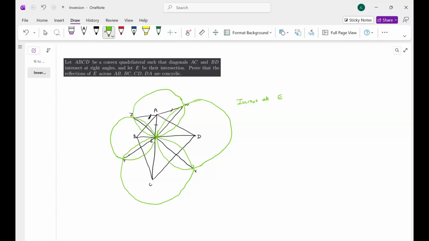Which circles are you talking about? The green ones, right? Yes, the green ones.